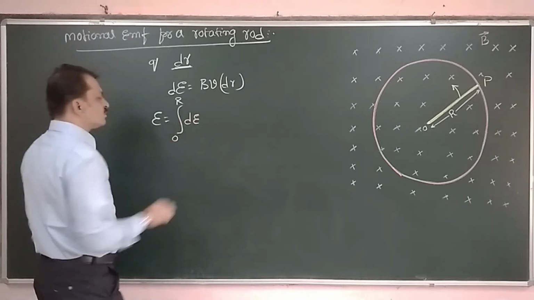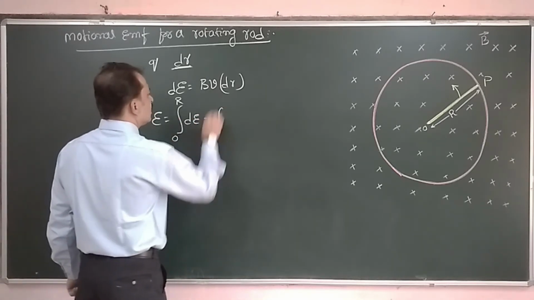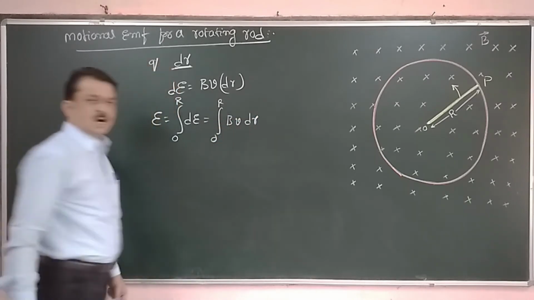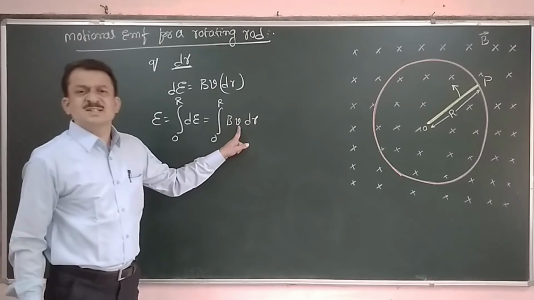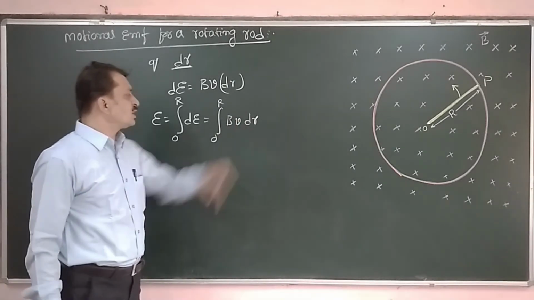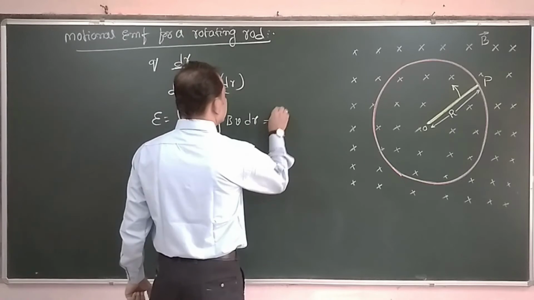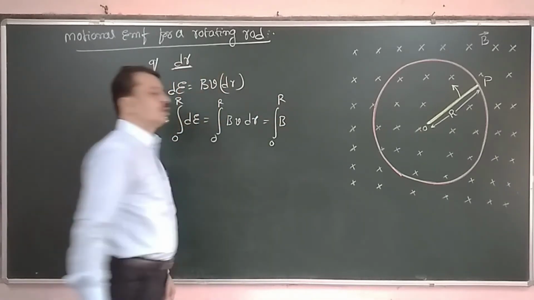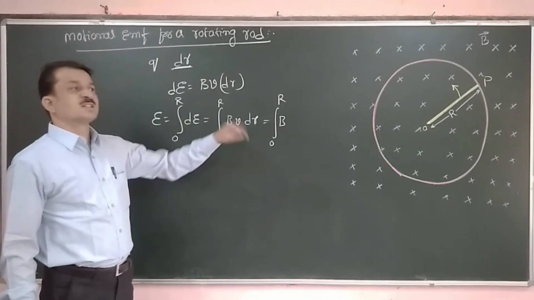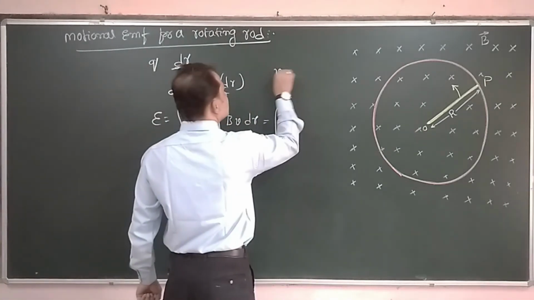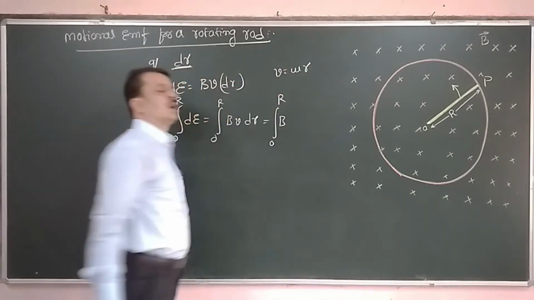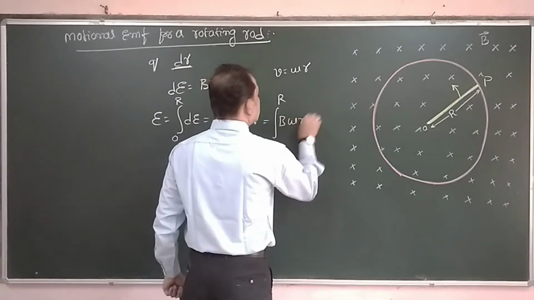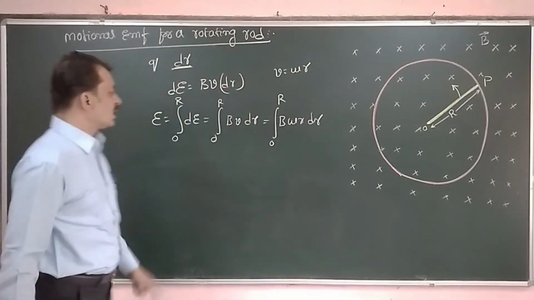So simple mathematics here, integral of B v dr. Now this is a linear velocity. We convert it into angular velocity. What is the relation between linear velocity and angular velocity? The linear velocity v is equal to omega into r, where omega is the angular velocity of rotation of the rod. So B omega r dr.